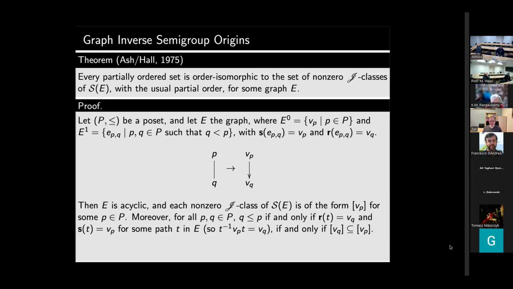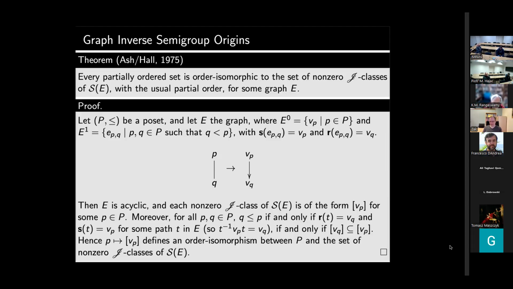If you play with that for a second, you get that VQ is a multiple of VP, which means that the two-sided ideal generated by VQ is contained in the two-sided ideal generated by VP, and you can go back from that as well. And so that gives you an order isomorphism between the partially ordered set and the non-zero J classes. So that's it.